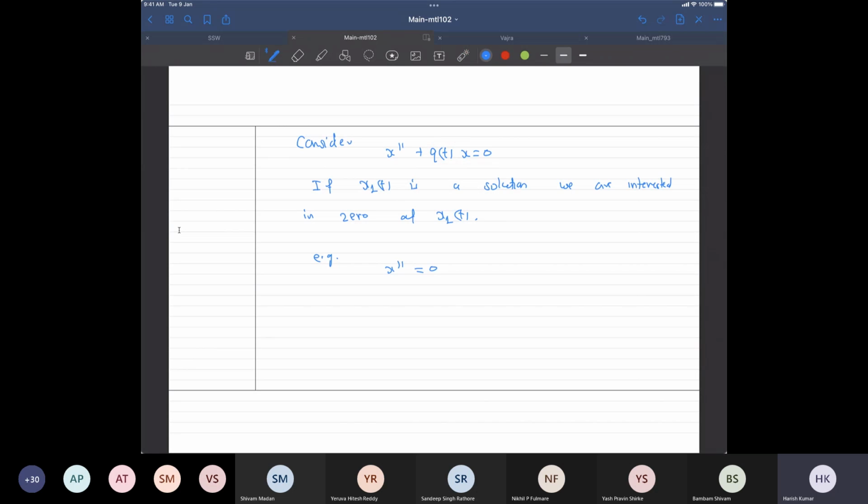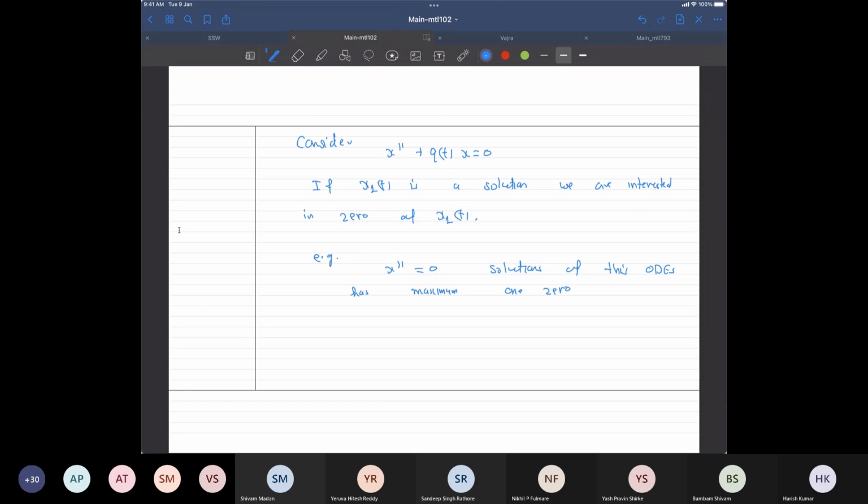As you can see, all the solutions of this ODE, of course you have to specify the initial condition to fix one solution, but I'm talking about all the solutions of this ODE, have maximum 1 zero, right? Do you agree? x double prime equal to 0 can have maximum 1 zero.